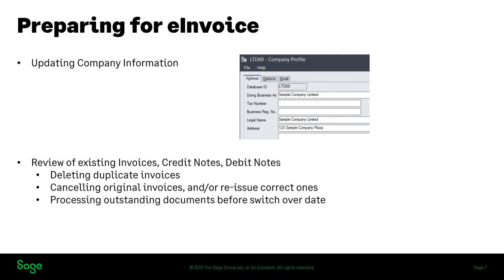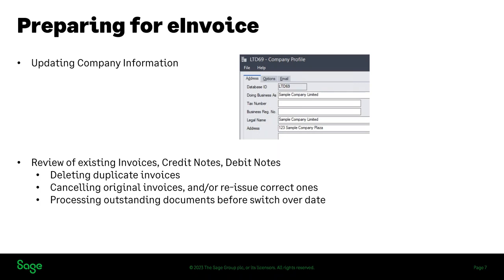Now, what do we need to do for preparing for e-invoicing? These are a couple of very straightforward slides, and we'll talk a bit more about some of this later on. Within your company profiles, you do have to make sure we have information about your tax number and your business registration number. That's a very quick thing to do. In terms of preparation, you do want to take a look at your existing AR, AP, invoices, credit notes, debit notes, and any duplicates.